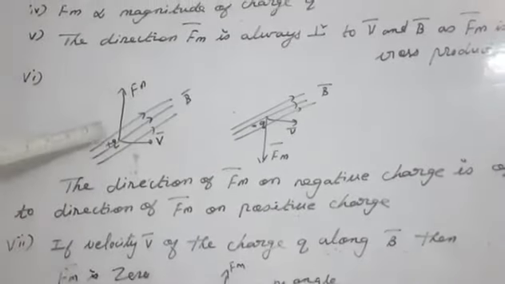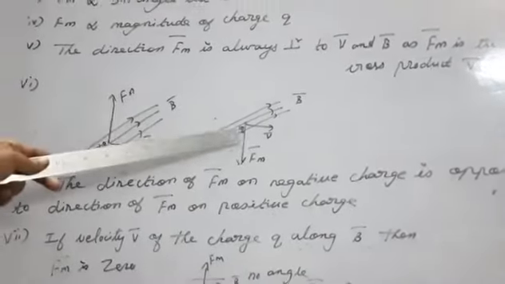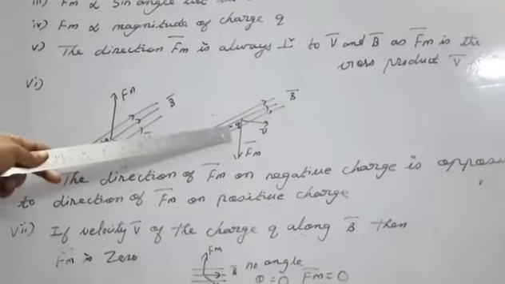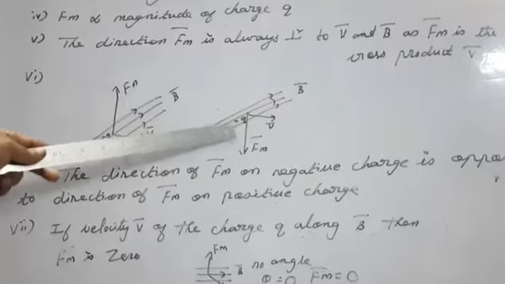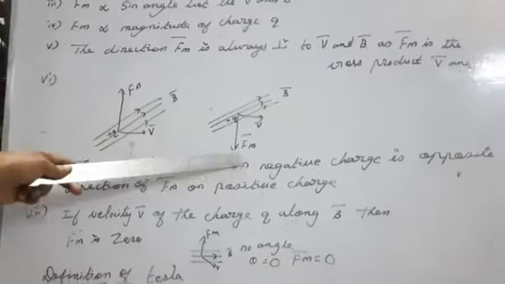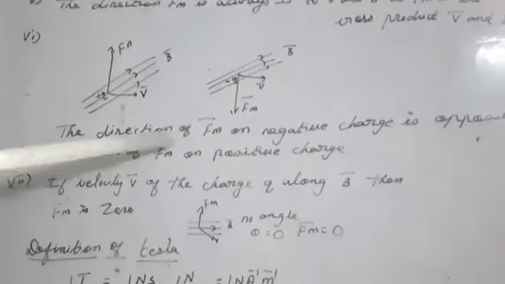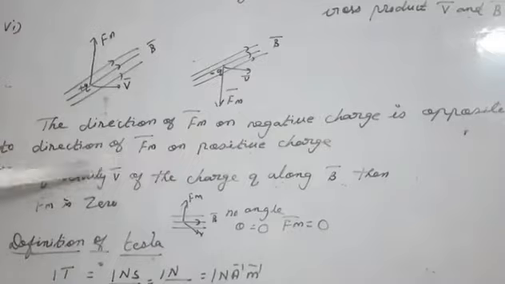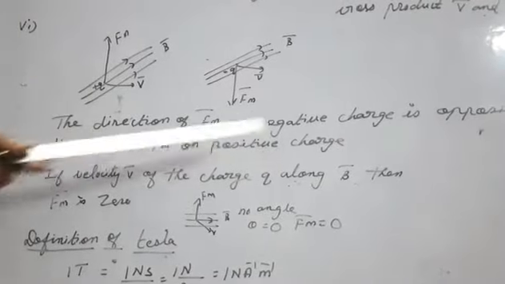Suppose the plus q is changed to a minus q, that is, a negative charge. Negative charge means the direction of the force is opposite to that on the positive charge. So that is the next point: the direction of the Fm vector on a negative charge is opposite to the direction of the Fm vector on a positive charge.